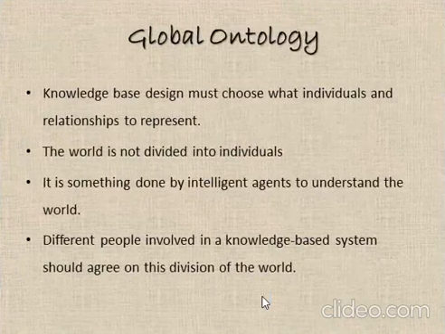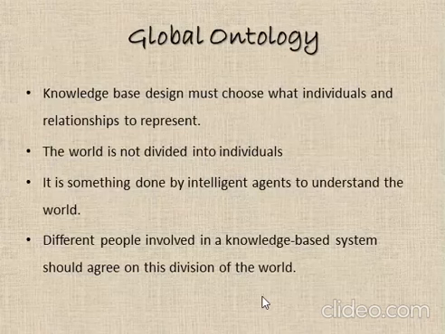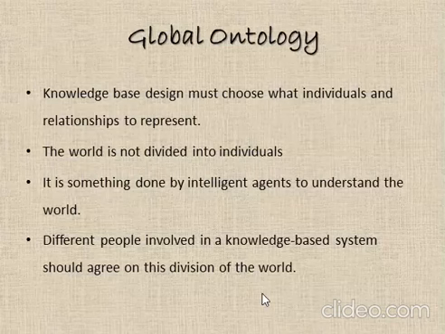The knowledge-based designer must choose what individuals and relationships to represent. For representing an entity, we should have a candidate. The designer should select the right individual and the correct relationship for representation of an entity in the world.